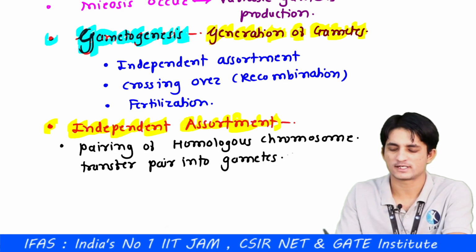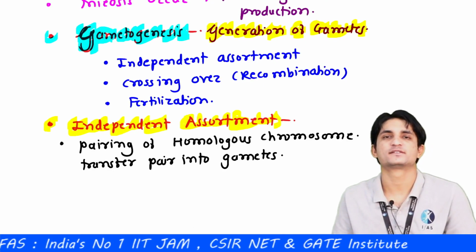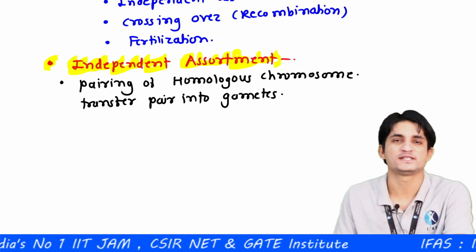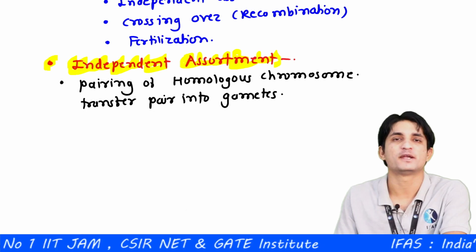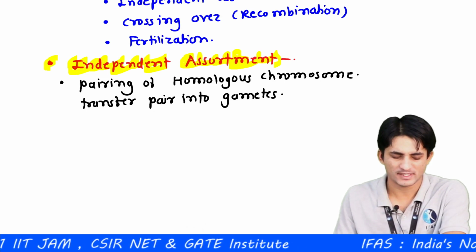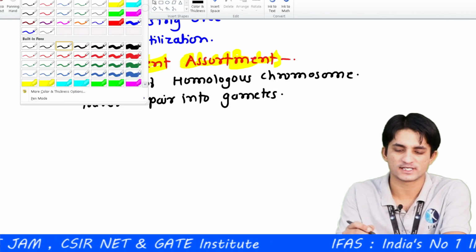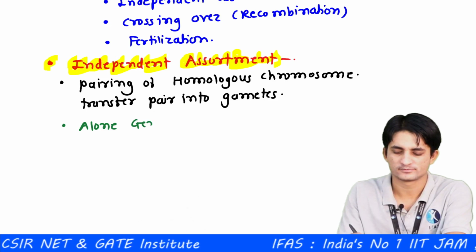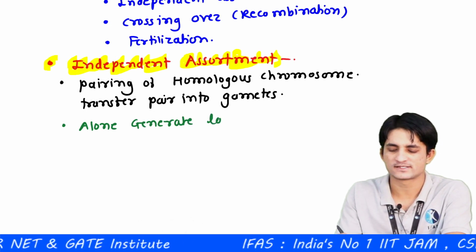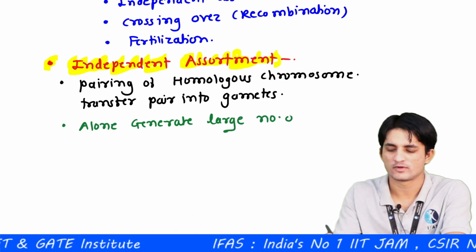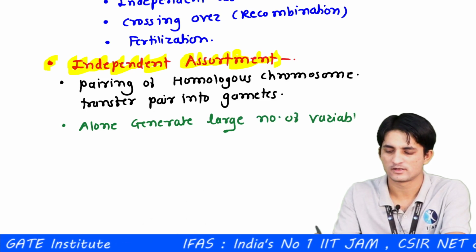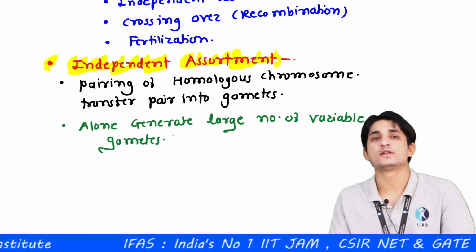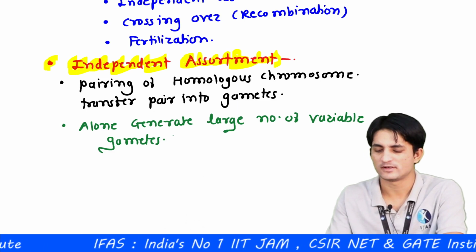On the basis of which homologous chromosomes will pair, and in which gametes which pair is transferred, independent assortment occurs. And independent assortment alone can produce a large number of variable gametes.